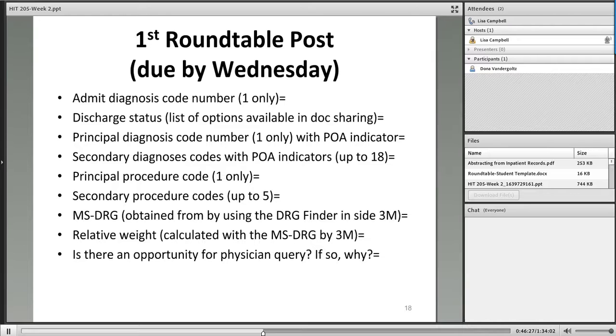So before you determine what your principal diagnosis is, you really have to know these guidelines. You have to know more than just the definition of principal diagnosis. You need to be able to identify which one of these guidelines will actually apply. And then, of course, per the guidelines, for your principal and your secondary diagnoses, you have to have a POA indicator.